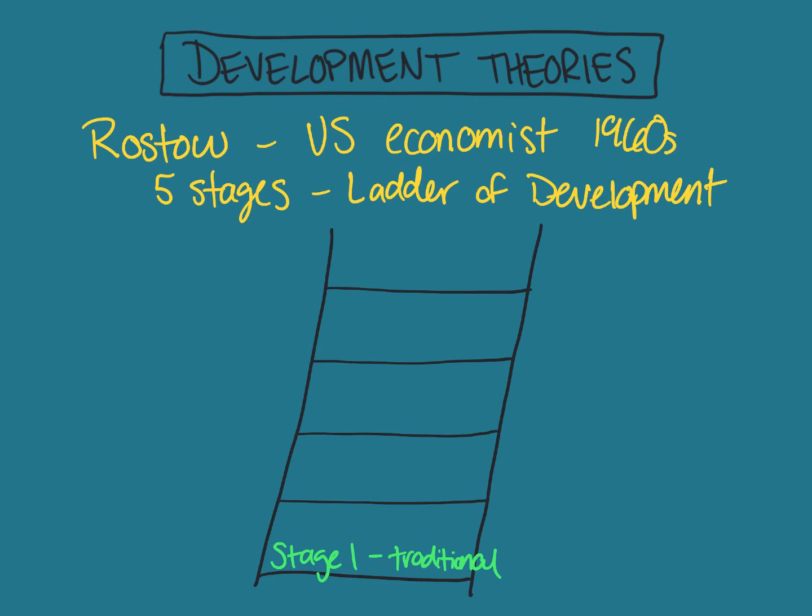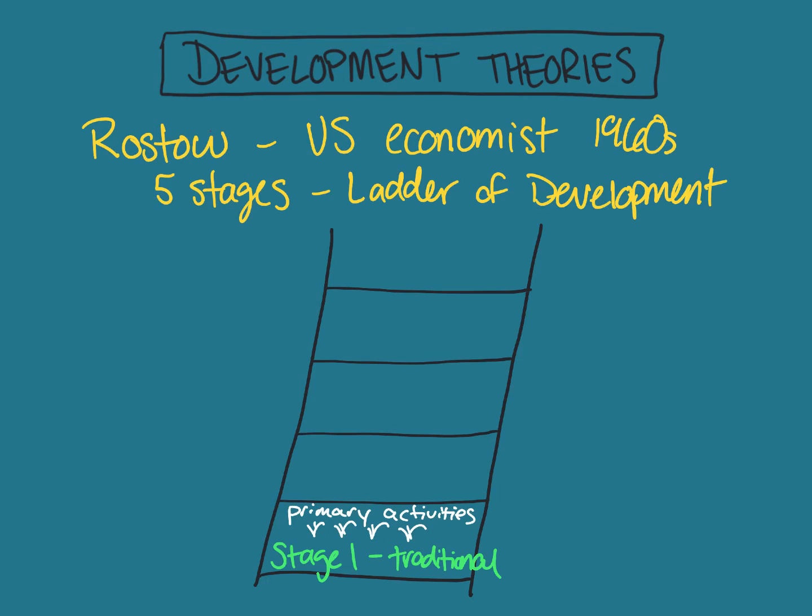Here in the traditional stage, we have a lot of primary activities. What were primary activities that we've been talking about? Mining, farming. I'm going to draw some little pictures, here are my crops. Mining, fishing.